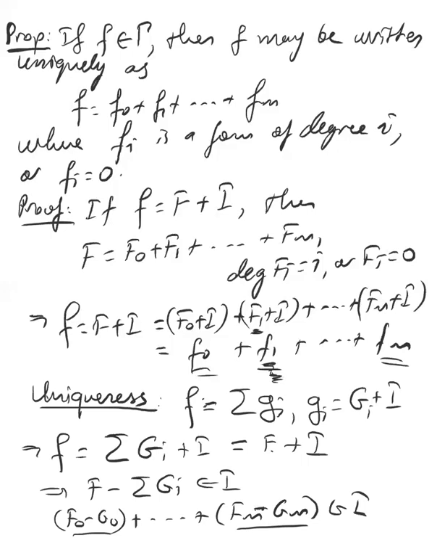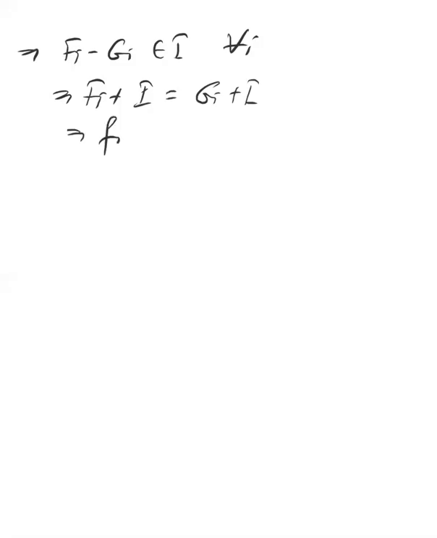Since I is homogeneous, each of these terms must be inside I. So fi minus Gi is in I for all i, so that fi plus I is equal to Gi plus I. That means fi is equal to Gi, so that f0 plus ... plus fm is equal to G0 plus ... plus Gm.